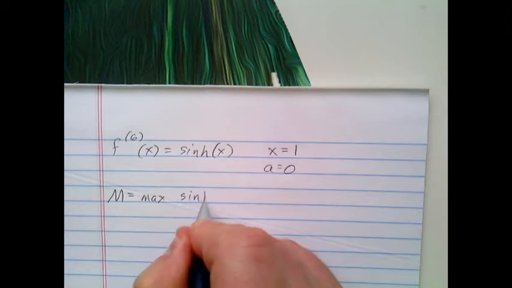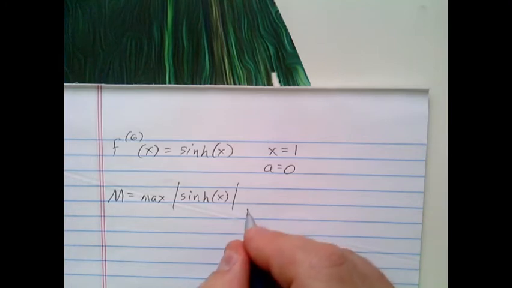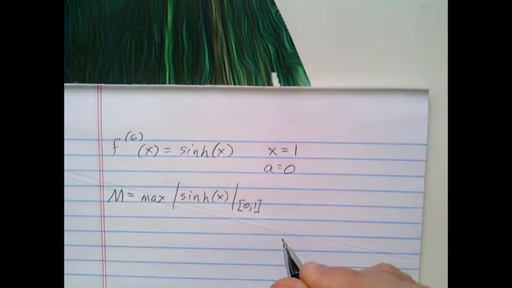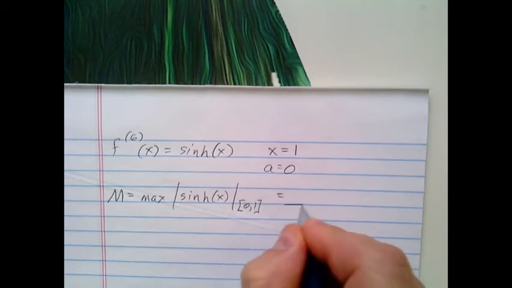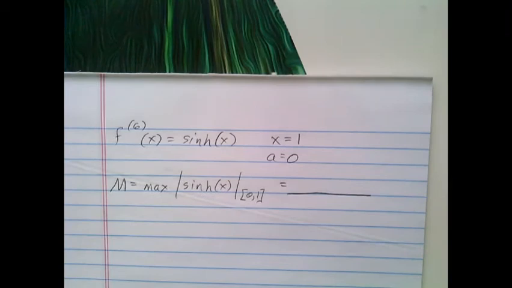So it's the maximum of hyperbolic sine, really the maximum of its absolute value on the interval from 0 to 1. If we can fill in that blank, the rest of it will just be plug and chug.